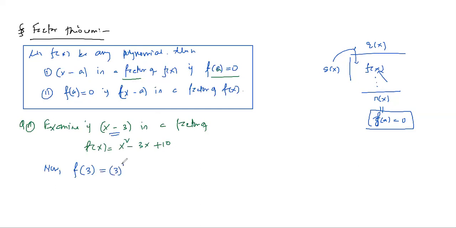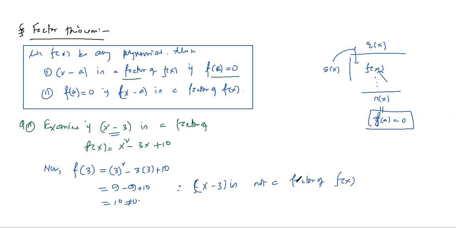So you put instead of x the value 3 and then go on working out. So you get this is 10 and this is not 0. Therefore, x minus 3 is not a factor of fx. Had it been 0, you would have said very comfortably that it is a factor of fx.